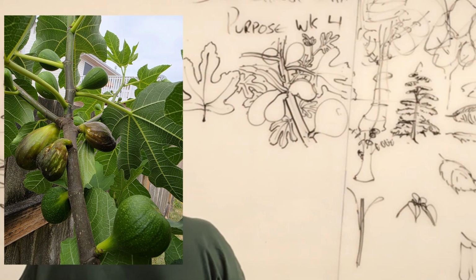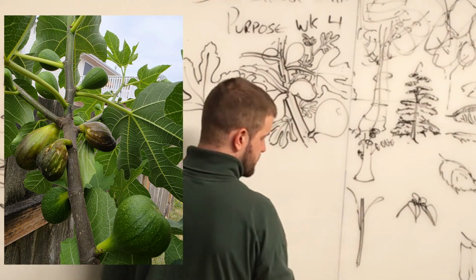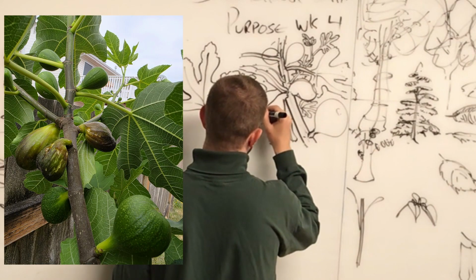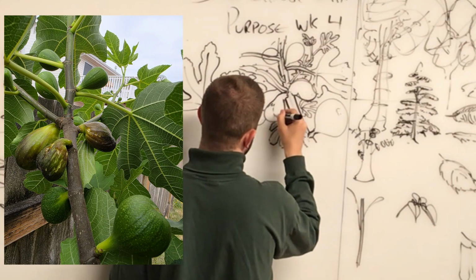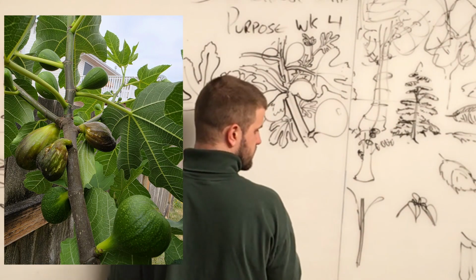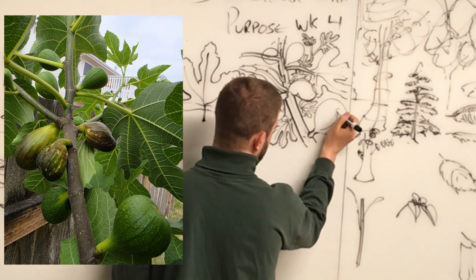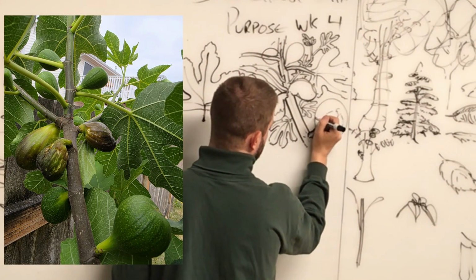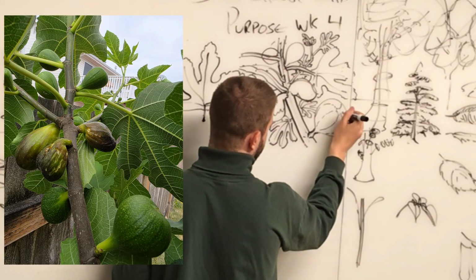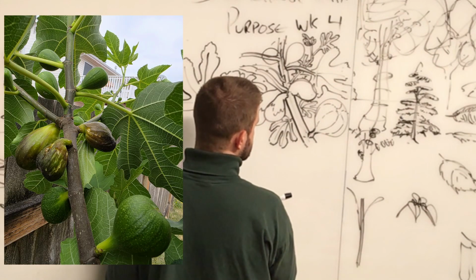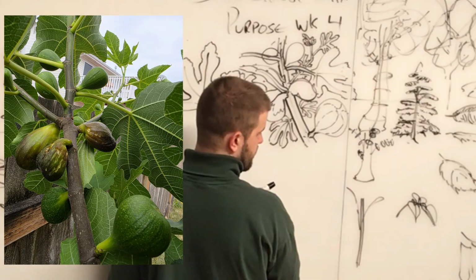All right, that looks pretty good to me, and then we just throw in a little bit of rendering and detail on the figs. Those are just wrapping lines that go lengthwise.